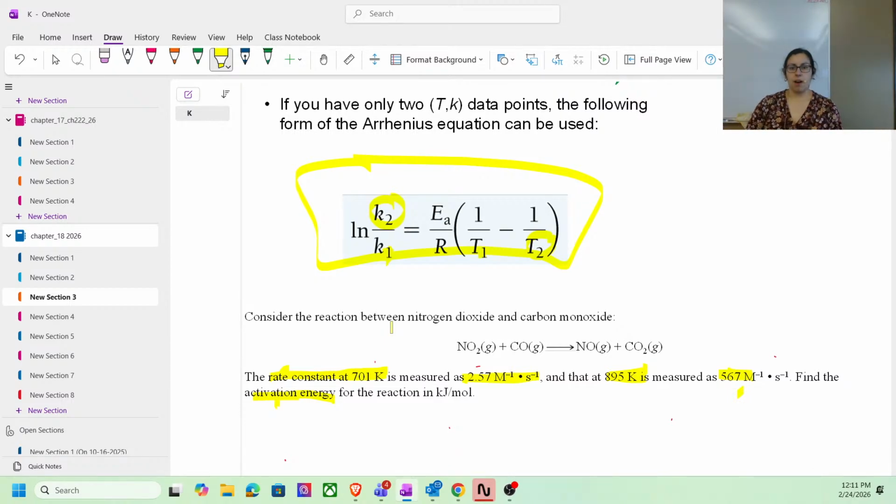Don't forget, R is 8.314 for our energy. We're in energy land. R is 8.314 since now we're in joules and energy, so make sure we're using the other gas constant.